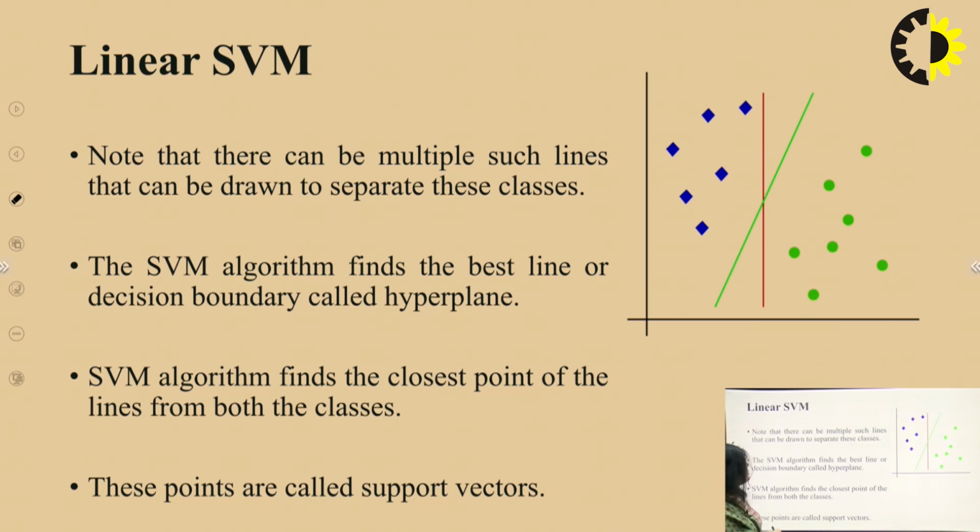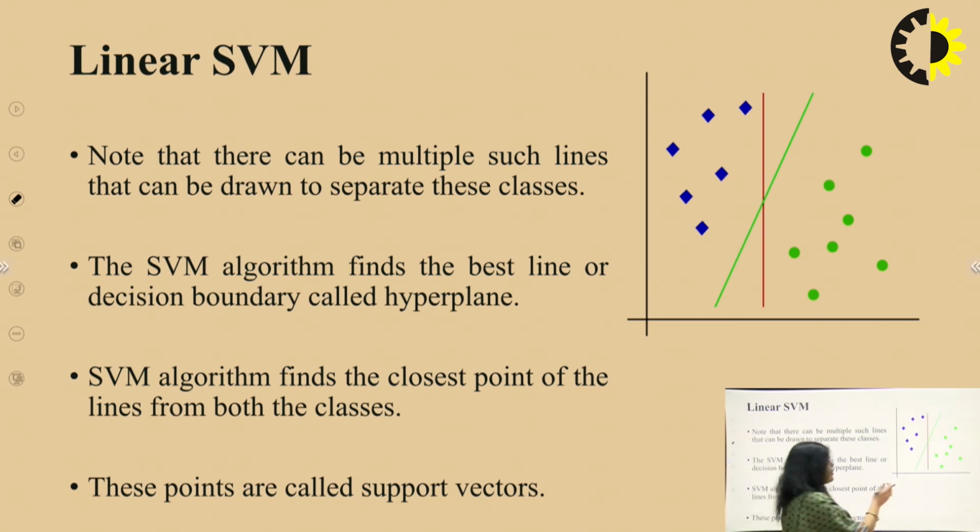Now, the SVM algorithm finds the best line, and this best line is the one having the maximum margin out of all the other lines which can be drawn in this separating area. And the closest points, as I already told you, are treated as the support vectors.